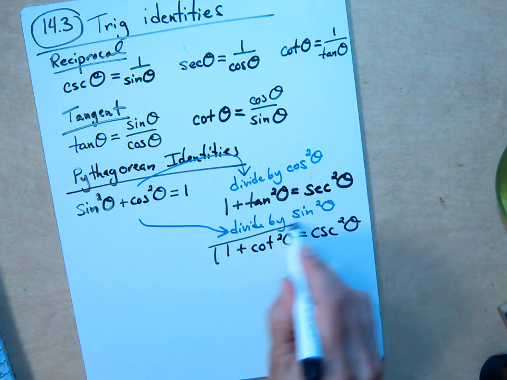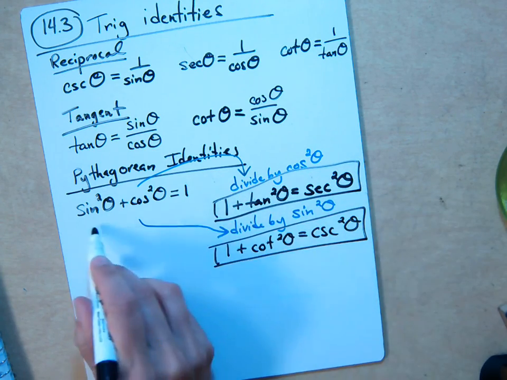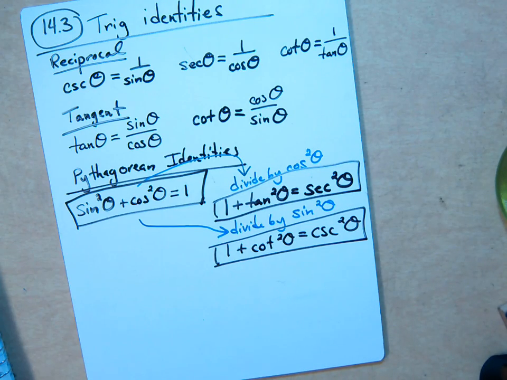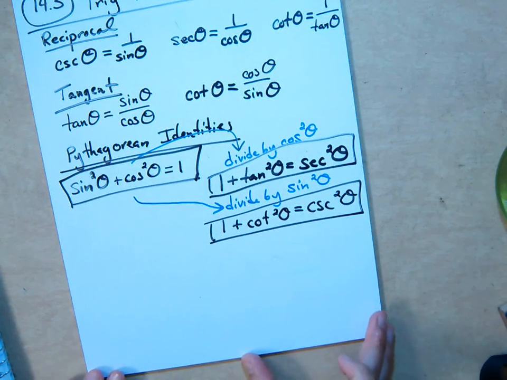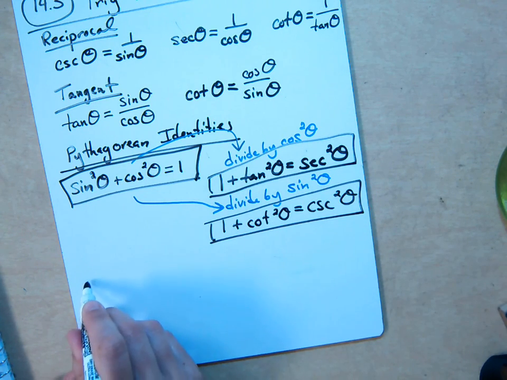So these, the ones I'm going to box, are the ones that you use, but as long as you memorize this one, which just comes from the Pythagorean Theorem, then you can derive the other 2. So let's do some examples like the ones you'll be doing in your homework.